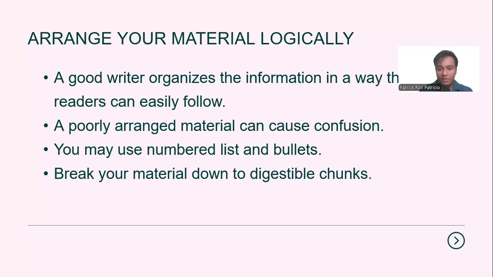A poorly arranged material can cause confusion or misunderstanding on the part of the audience. Again, you can make an outline before you actually engage in writing. Also, you may use numbered lists and bullets to put emphasis on certain topics, especially if you're enumerating different concepts.